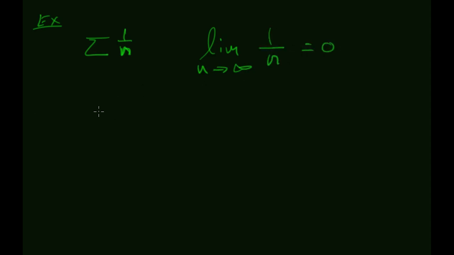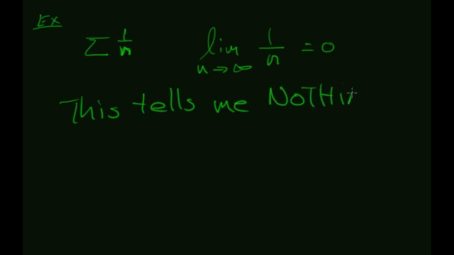But according to the divergence test, this tells me nothing, because the converse of the divergence test doesn't hold. In fact, this series, though the limit goes to 0, actually diverges, and we'll show in a later class that the harmonic series does diverge.